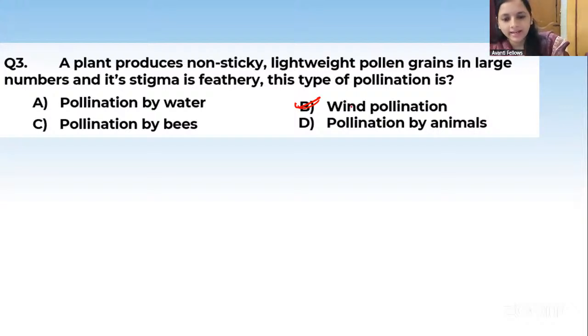What about water pollination? The perianth and other floral parts should be non-wettable because they are covered by a mucilaginous coating. And for pollination by bees, the pollen should be sticky. Pollination by animals comes under zoophily. We have not studied that in detail.